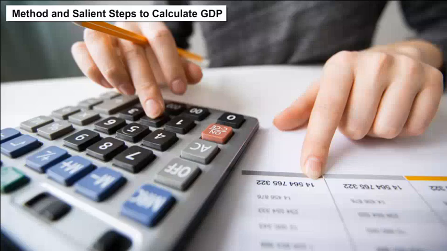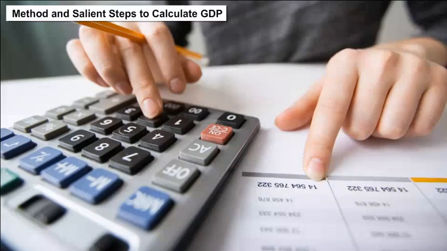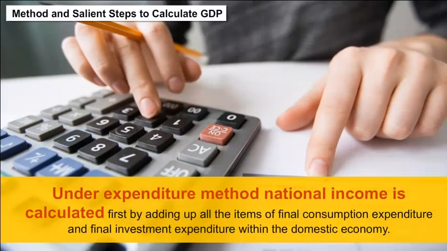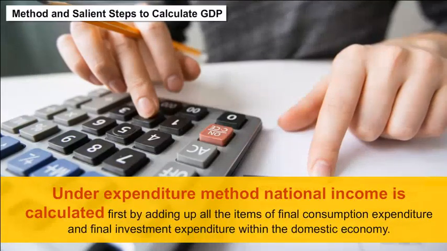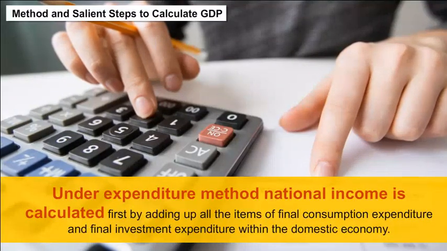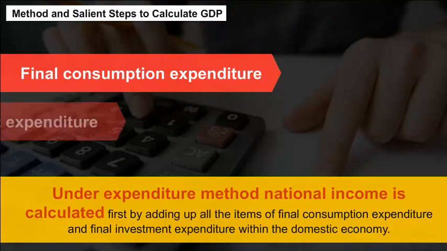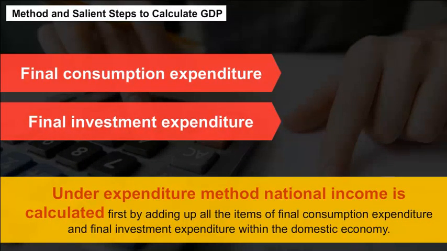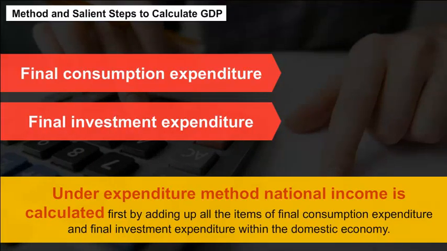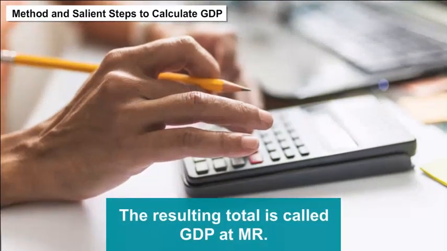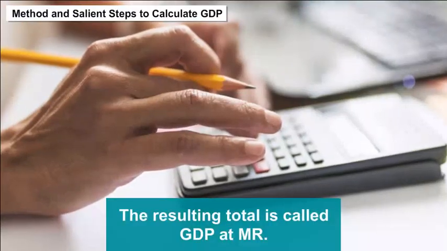Method and salient steps to calculate GDP. Under expenditure method, national income is calculated first by adding up all the items of final consumption expenditure and final investment expenditure within the domestic economy. The resulting total is called GDP at MP.